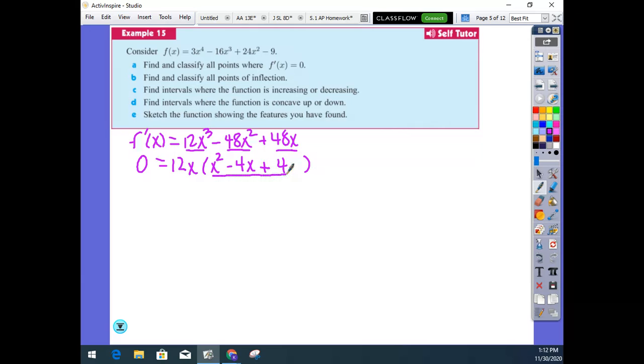Now I can factor this quadratic. x and x, minus 2, minus 2. All right, then I'm going to make my sign chart. So I have to find my x values. x equals 0, x equals 2, x equals 2.